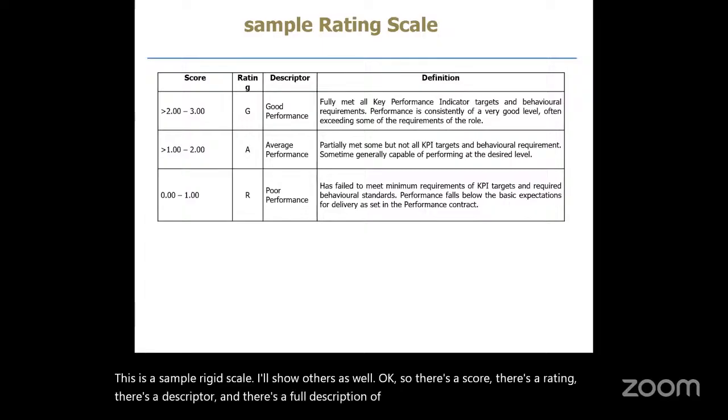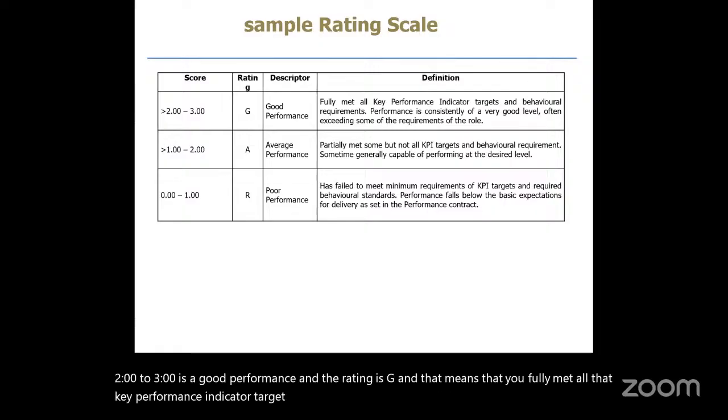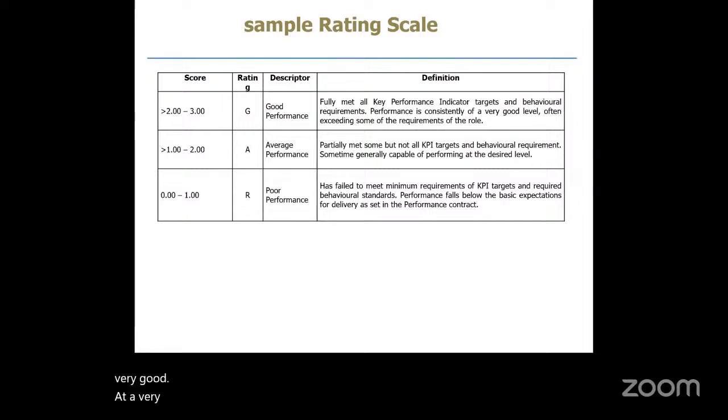If you look at this rating scale, 2 to 3 is a good performance, and the rating is G. That means that you fully met all the key performance indicator targets and behavioral requirements. Performance is consistently at a very good level, often exceeding some of the requirements of the role. When you score 1 to 2, then it's an A, average performance.